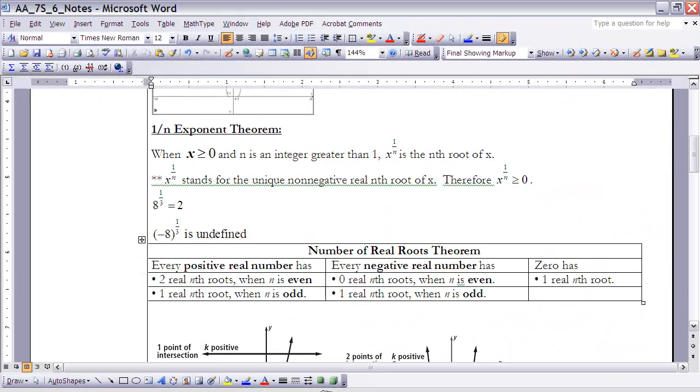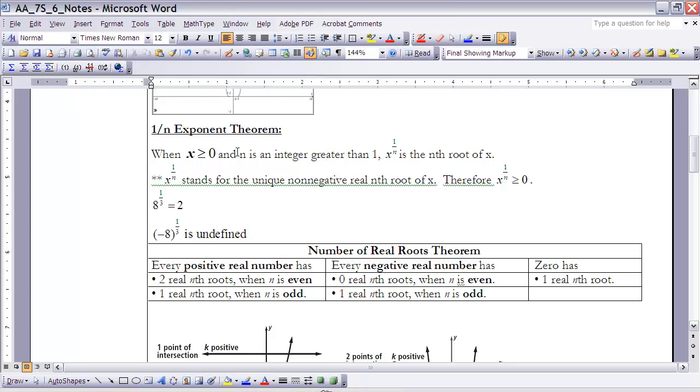Let's take a look at the 1 over n exponent theorem. It says when x is greater than or equal to 0, and n is an integer greater than 1, then x to the 1 over n is the nth root of x. A couple key things here. First, the value of x, that base, has to be a non-negative number, greater than or equal to 0.